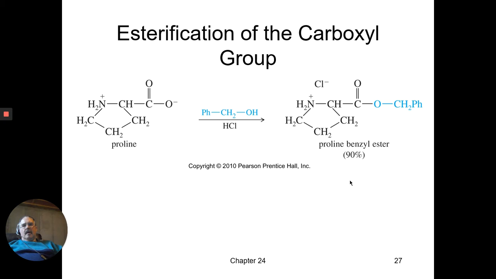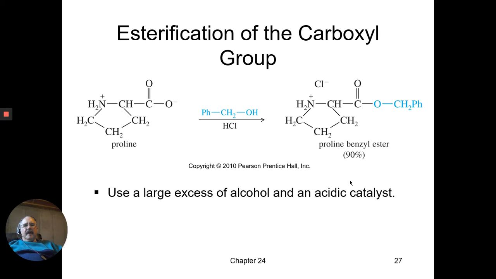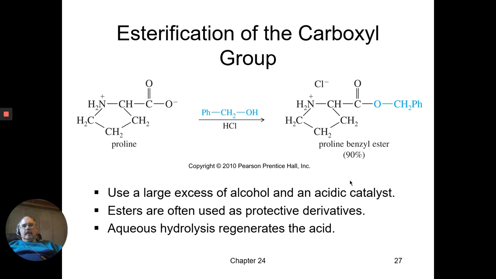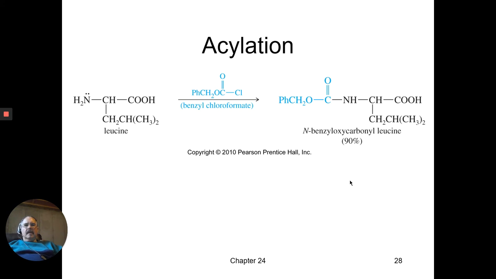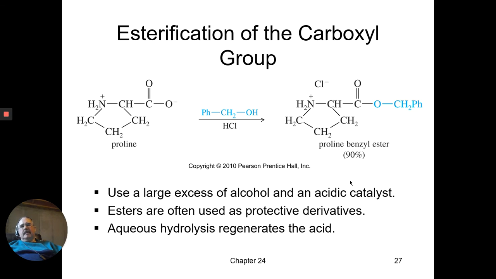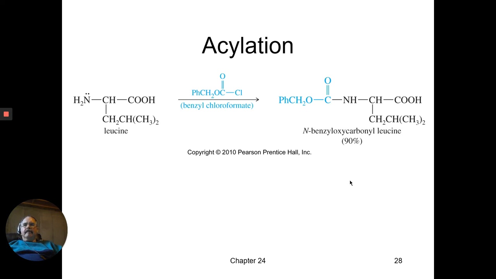Since we have a carboxylic acid, we can do esterification of that. This is mainly of interest as a protecting group. And then if we want to regenerate the amino acid, we can use hydrolysis.